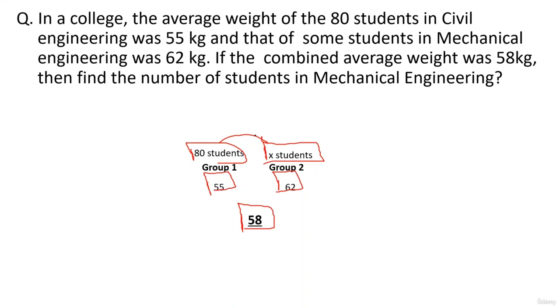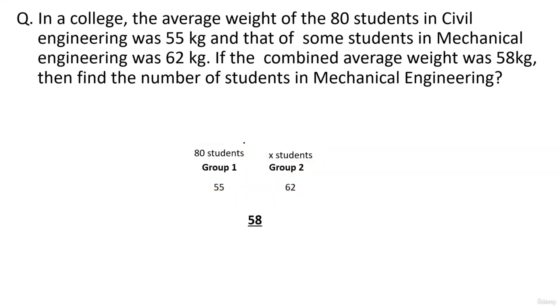I repeat: whenever you are supposed to find the weighted average, go for the weighted average formula. But if the weighted average is given and you have to find either group value or the group ratio, always go for the rule of alligation.